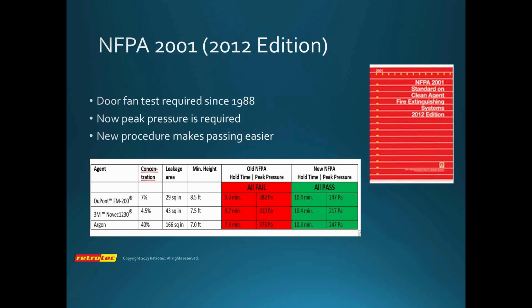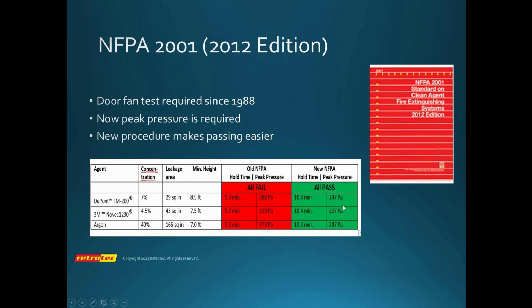The other thing that's occurred is because we've rewritten the formulas and we take a look at the old NFPA, which would be prior to 2008, 2012, as far as hold time is concerned, we've got an example of an FM200 room at, let's say, 9.3 minutes with a peak pressure evaluation of 328 pascals.